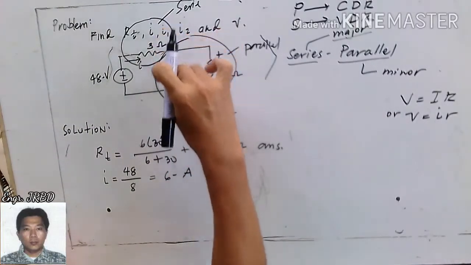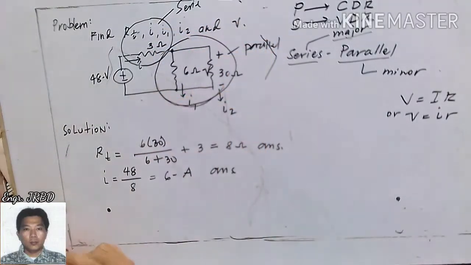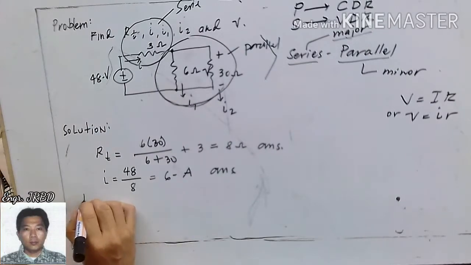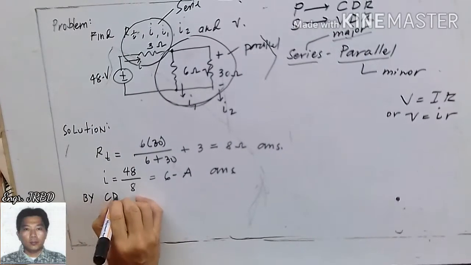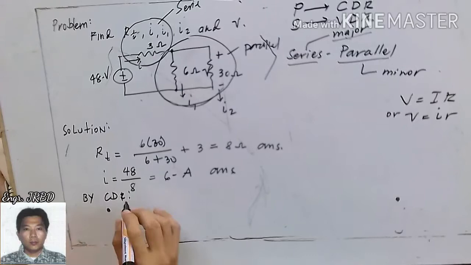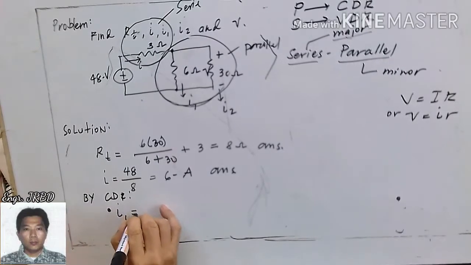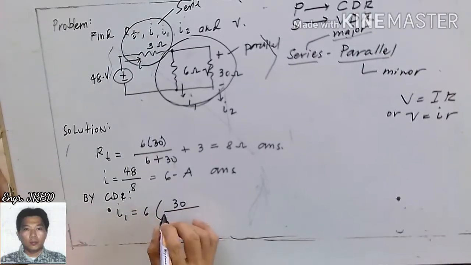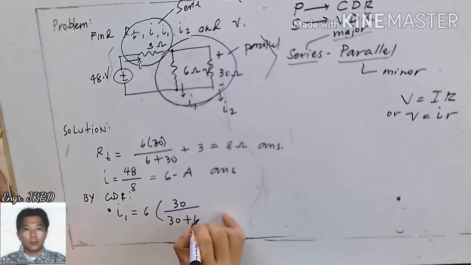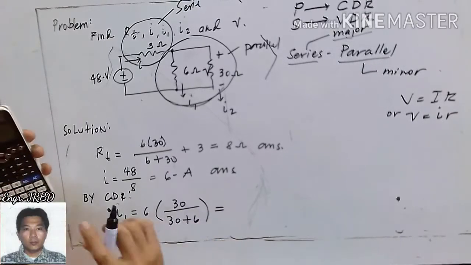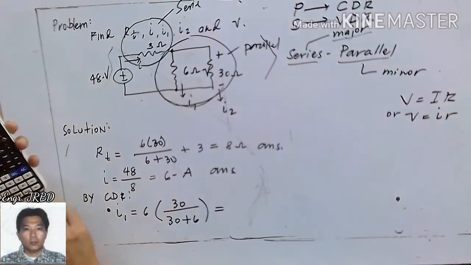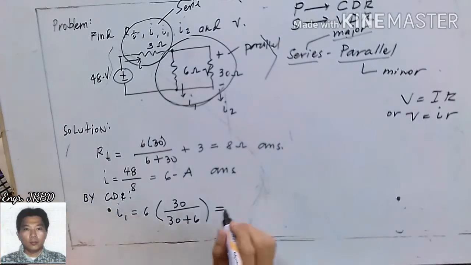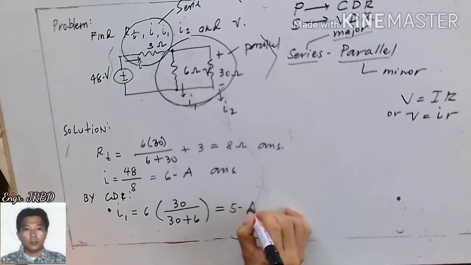One will go into your 6 ohms and the other into your 30 ohms. By current divider rule, I1 is equivalent to 6 amperes times 30 divided by 30 plus 6, and that is 5 amperes.